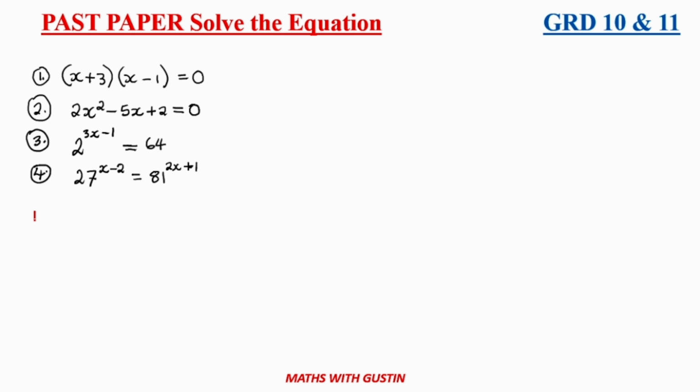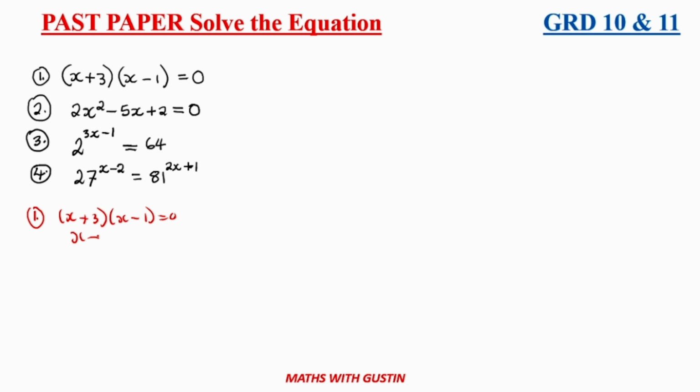Number 1, we are given x plus 3, x minus 1 is equals to 0. All right, therefore this one already is just straightforward.